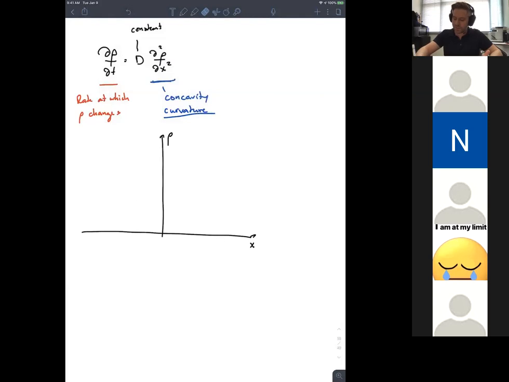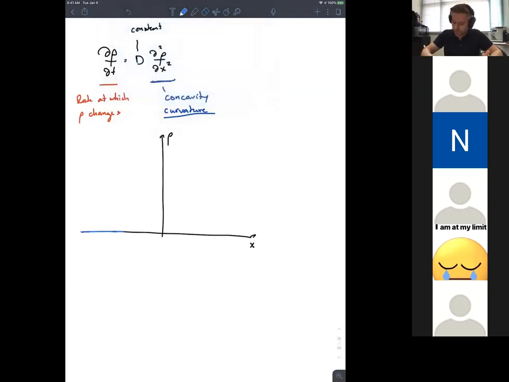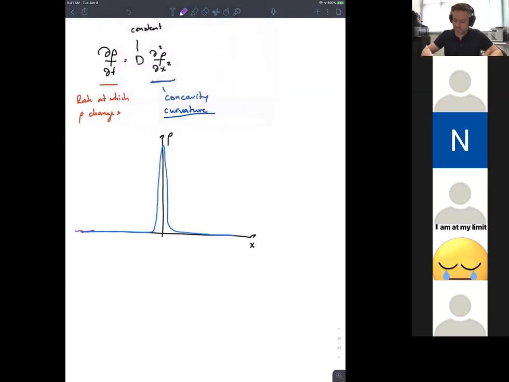A function that looks like this generally speaking has a higher curvature than a function that looks like this, that is less sharply peaked, right?